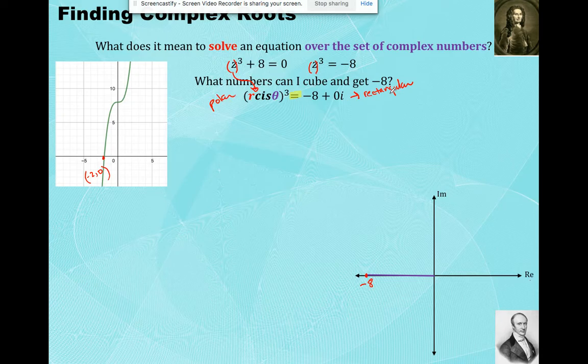But I know how to take rectangular into polar. How do I get rectangular into polar? Well, I know how to crank this out. -8 squared, who cares if it's negative because I'm going to square it, plus 0 squared is just 8. And then what's my angle? Can you see it? 0 over -8, that's going to be pi.